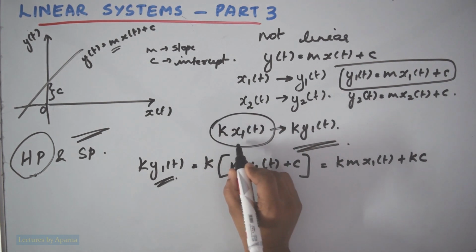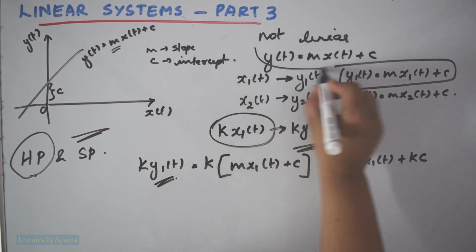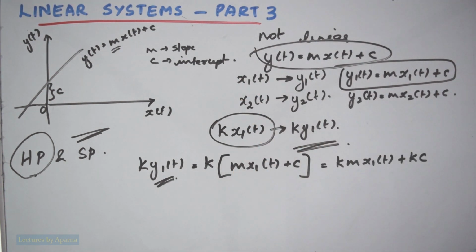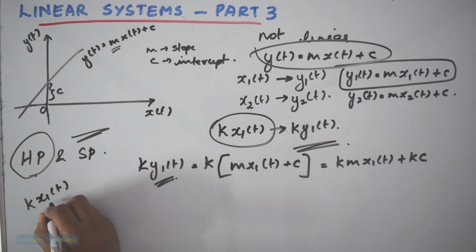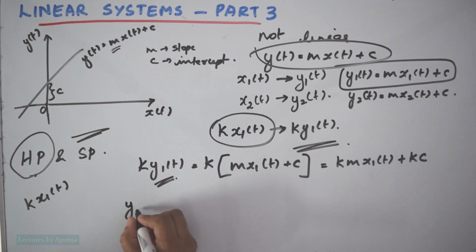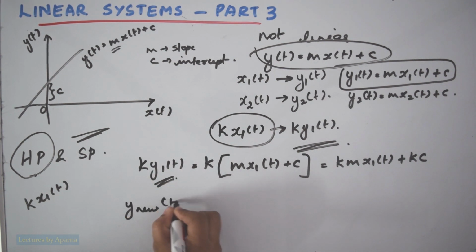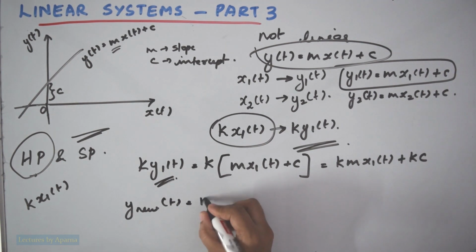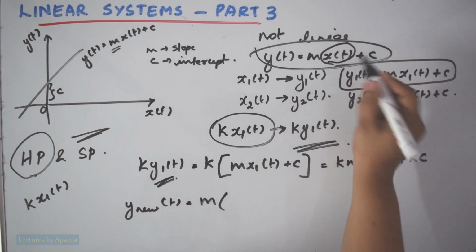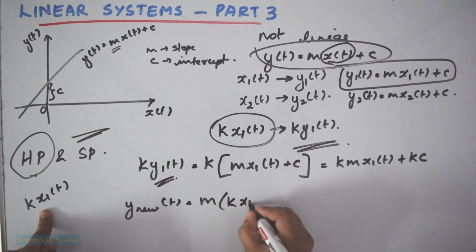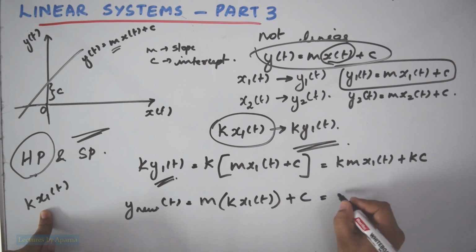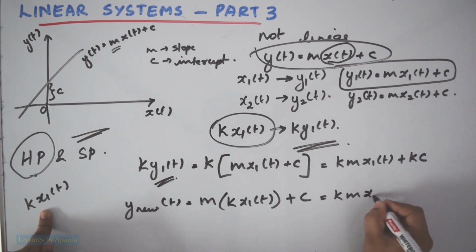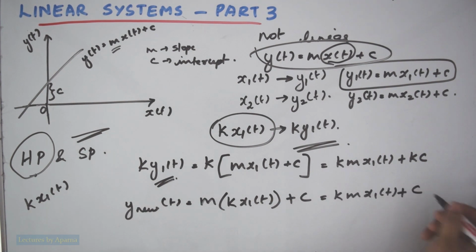Now let's put the input k x1 of t to the system and see if we are getting the output as k y1 of t. So when I am giving the input k x1 of t to the system, the output new y of t is equal to m into the input k x1 of t, plus c, which is equal to k m x1 of t plus c.